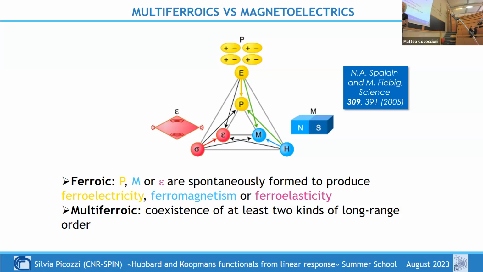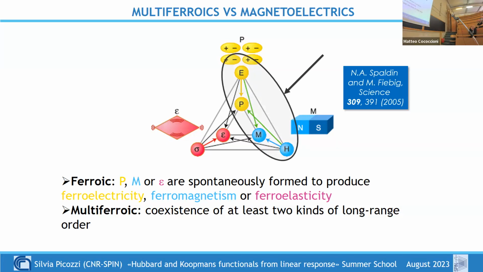So you control magnetization with the magnetic field, polarization with the electric field, and with stress you control the deformation. If you have a multiferroic, a material which shows more than one of these orders, sometimes there is also a cross-coupling. So you can control polarization with a magnetic field or magnetization with an electric field. So they are so-called multifunctional materials.